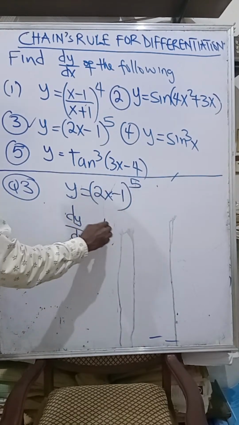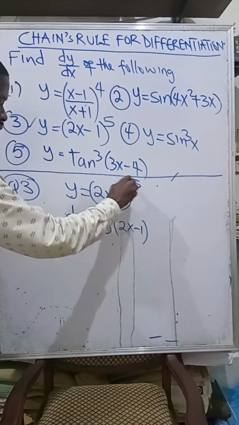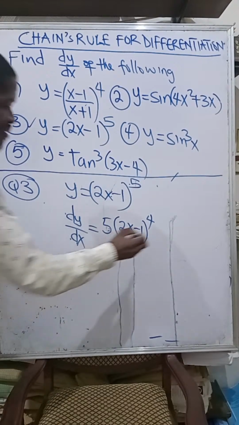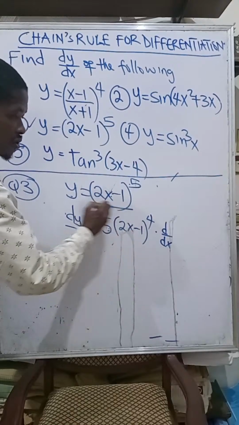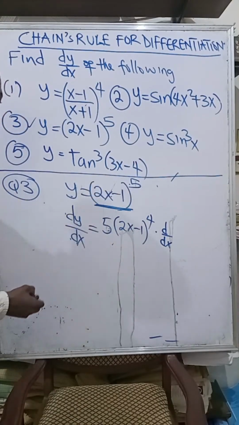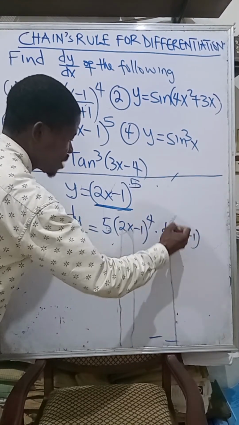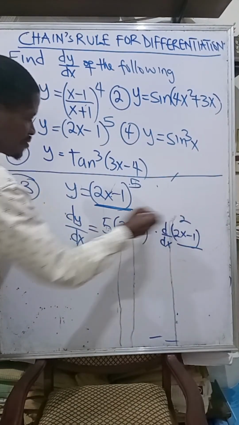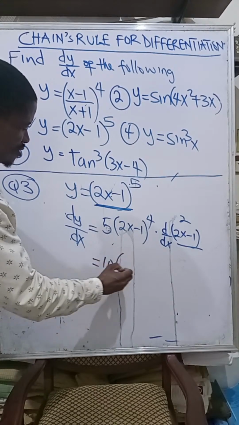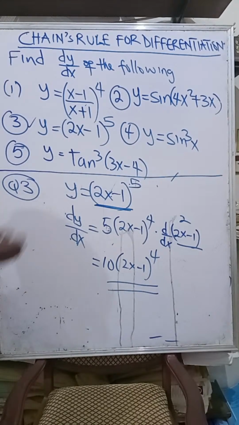The power will come to the front, then the expression with the power 5 minus 1, making 4, and then times the derivative of the base. If you differentiate 2x minus 1, you're going to have 2. So that will be 2 times 5, that's 10, times 2x minus 1 to the power 4. And that finished that solution. Number 3 is done.